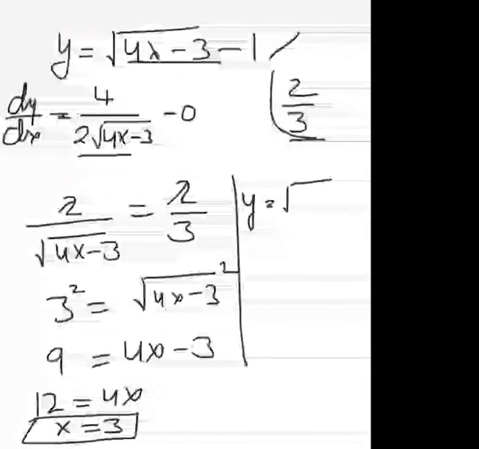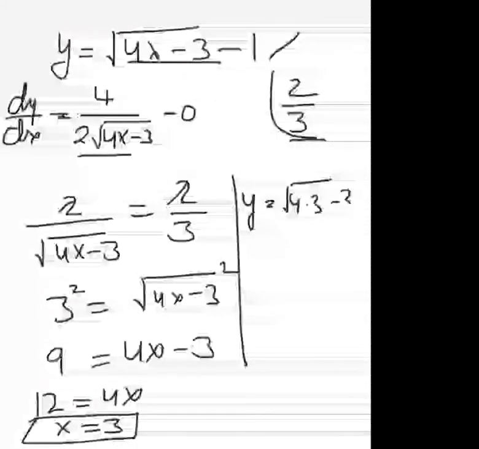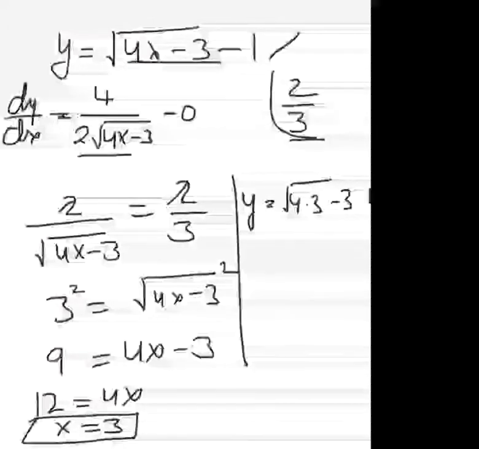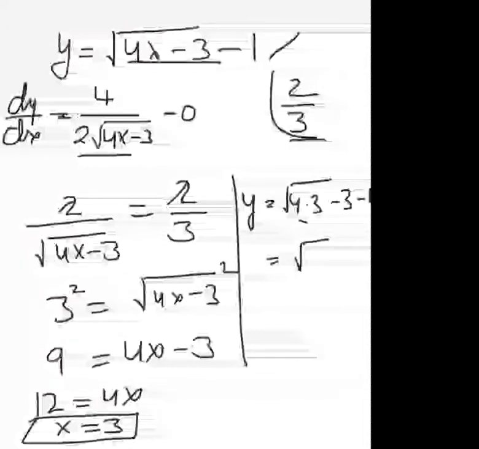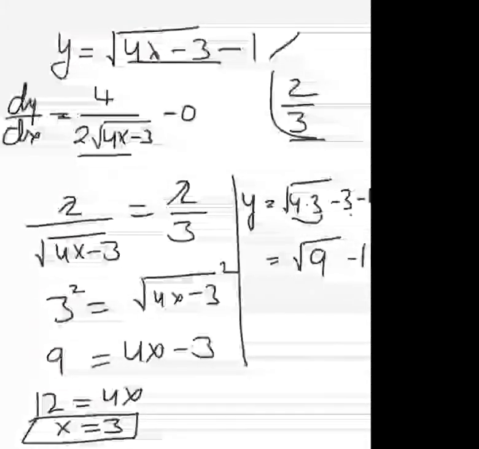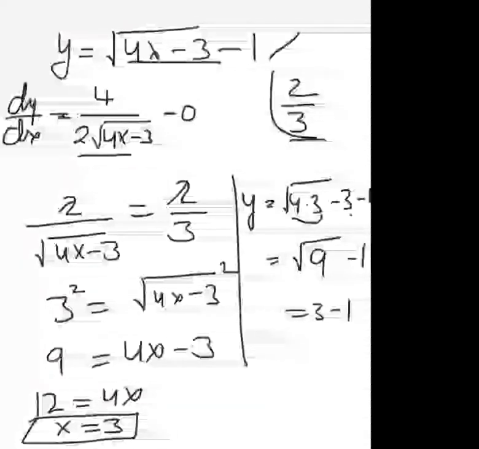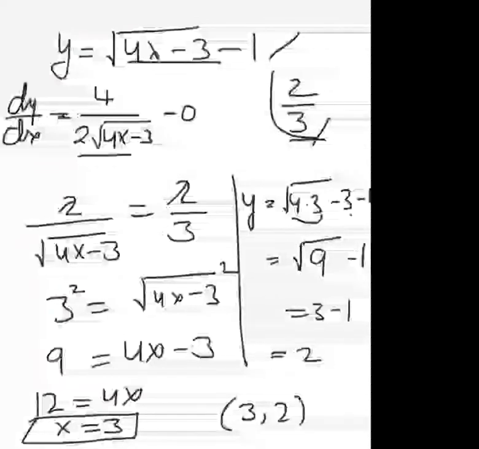So the value of y will be under root 4 into 3 minus 3, minus 1. So it will be 12 minus 3, 9, minus 1, 3 minus 1, 2. Therefore, the point at which the tangent is parallel to the line whose slope is 2 by 3 is (3, 2).